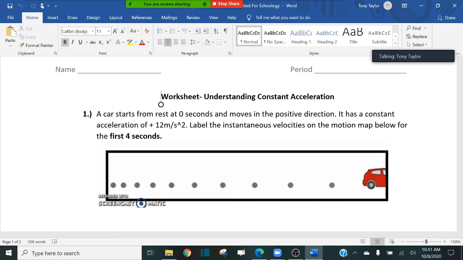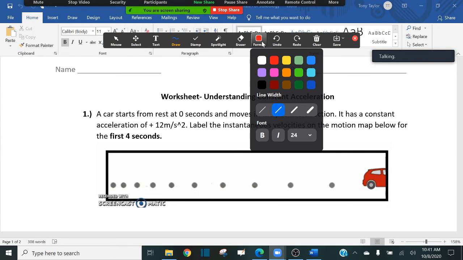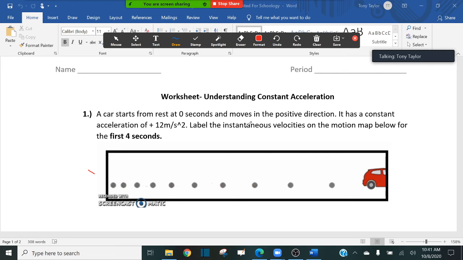So for example, if this car starts off from rest, we know at 0 seconds, its initial velocity is 0 meters per second, right? Because it starts from rest. But then how fast is it moving after the first second? Well, that's easy. It's moving at 12 meters per second. And we know that because we know its rate of acceleration.